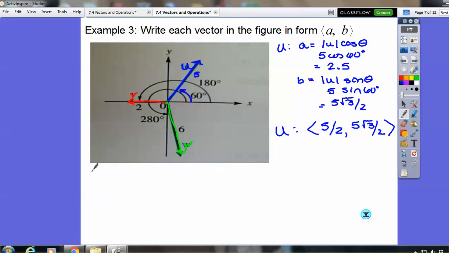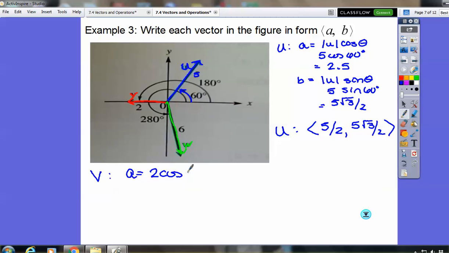Okay, let's do v. So to find our a, what is the magnitude of v times the cosine? What is our angle? V is my red line up here. It's saying from this positive, if you spin how many degrees?